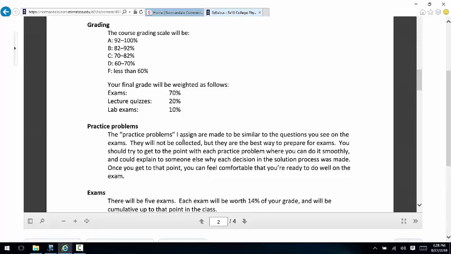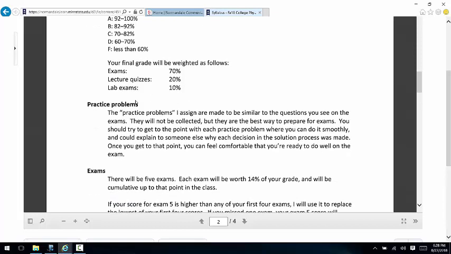And then the final grade is going to be broken up into 70% of the grade based on exams, 20% based on lecture quizzes, 10% based on lab exams.